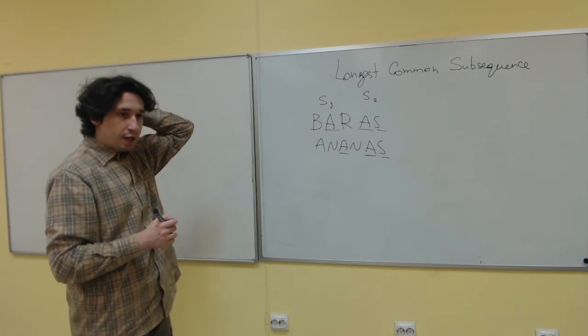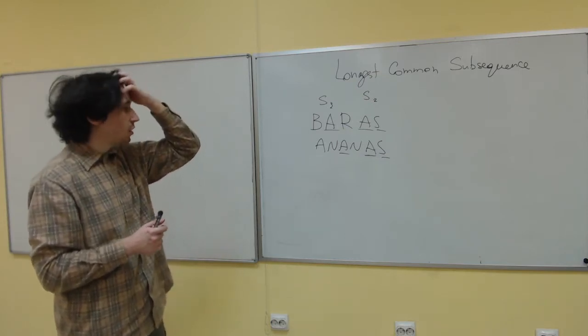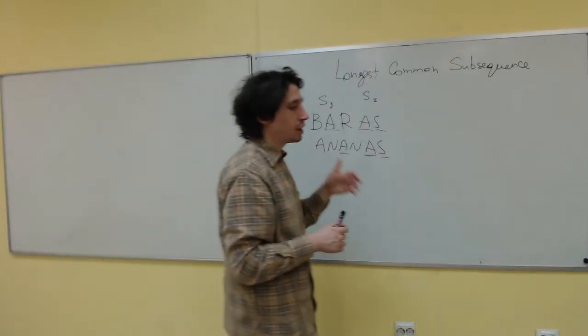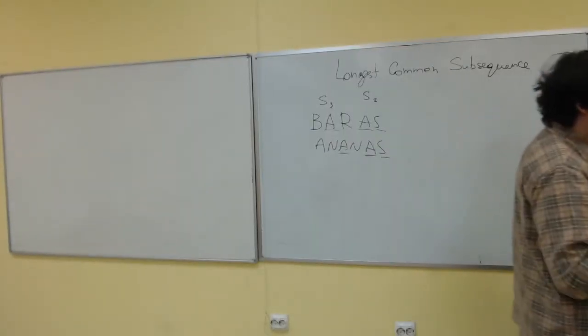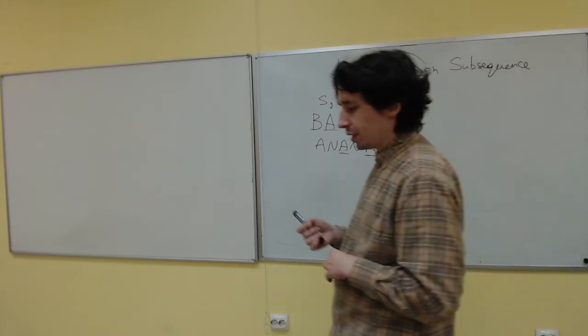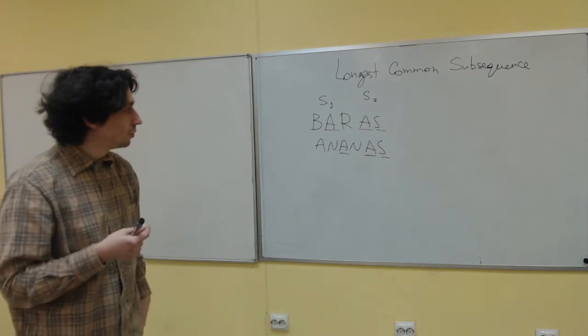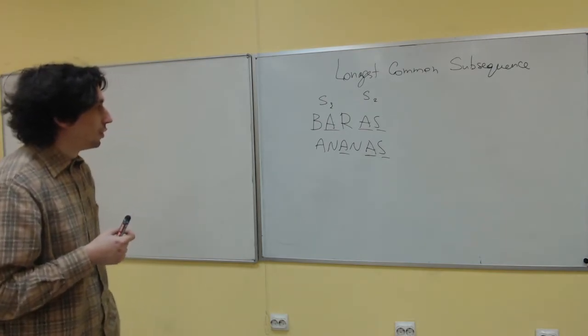So do you have any ideas what the state should be in this? So I want to remind you how we deal with dynamic programming. We have a state of the dynamic programming and there are steps on how we recalculate it. So what do you think will be the state of this problem?